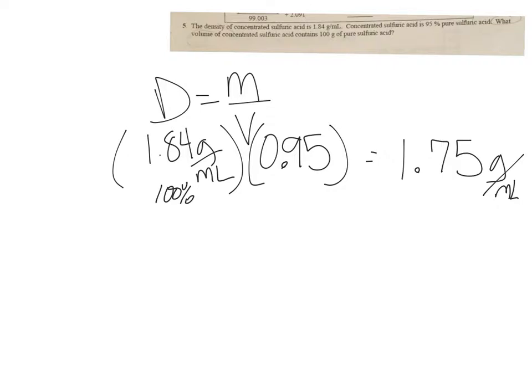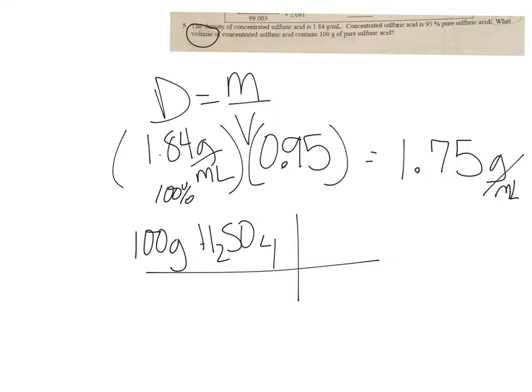Okay. And so knowing this, you can now use this 1.75 grams per milliliter, and we're going to go ahead and go back to what we want to get to. We want to know volume. So I'm going to say, all right, I have 100 grams of sulfuric acid that needs to be used. So we're going to bring words down to the right. Okay.